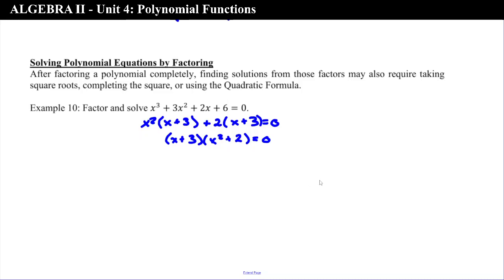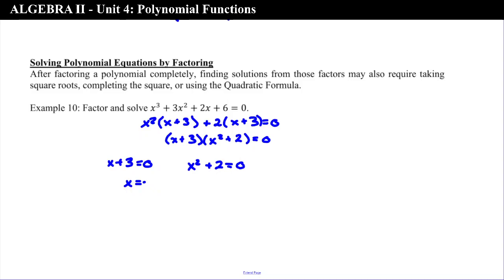Now, the next question we ask is, can we factor either of those terms? Well, x plus 3 is as far as we can go with that. And we cannot factor x squared plus 2. Once you get to the point where you cannot factor anymore, then you're going to set your terms equal to 0. So we've got x plus 3 equal to 0, and we've got x squared plus 2 equal to 0. The first one's easy.